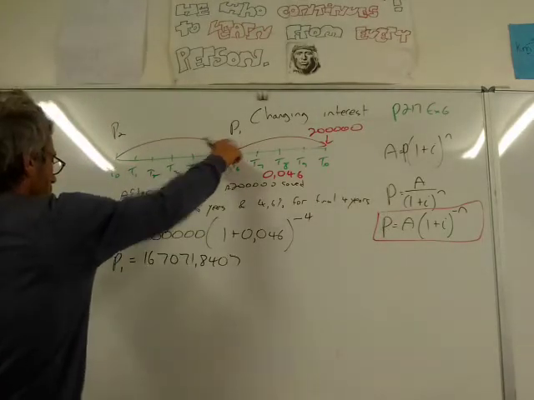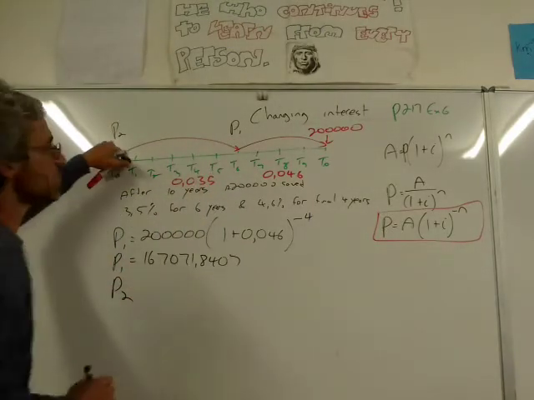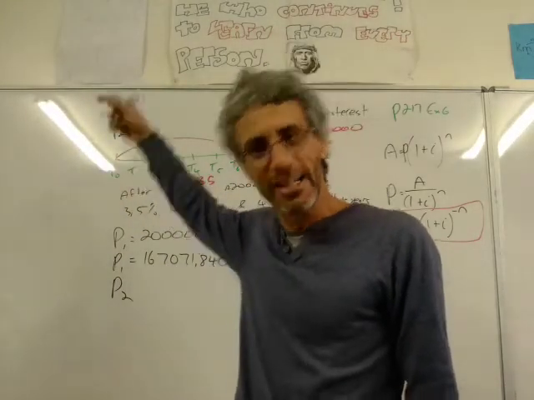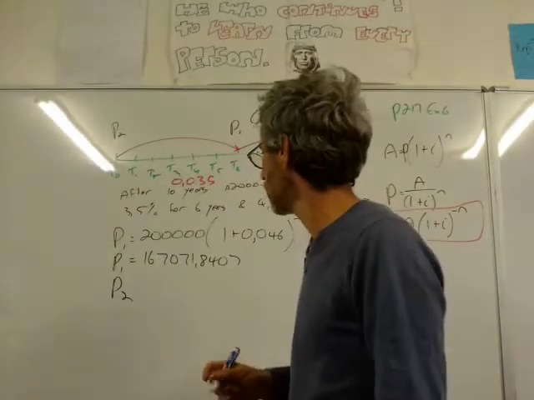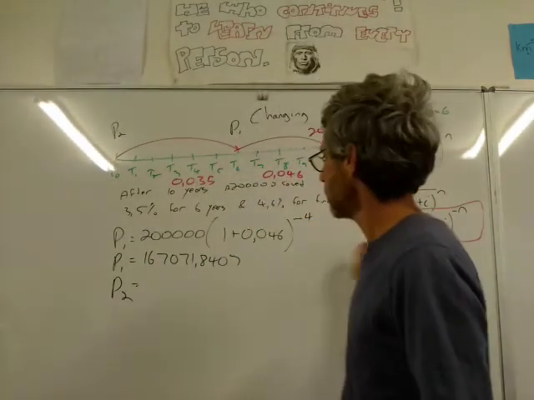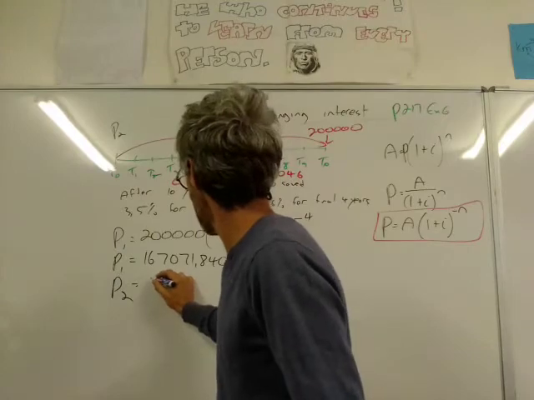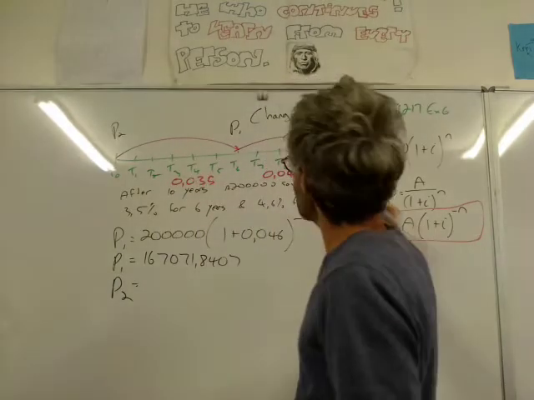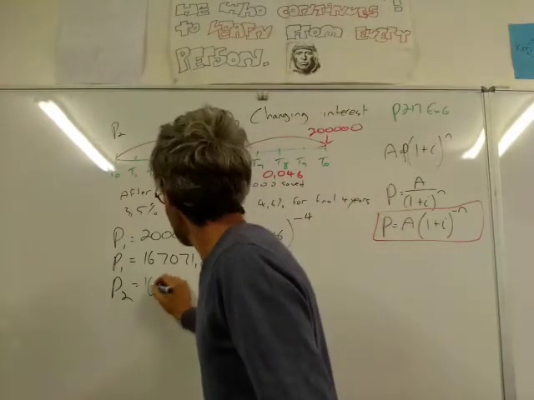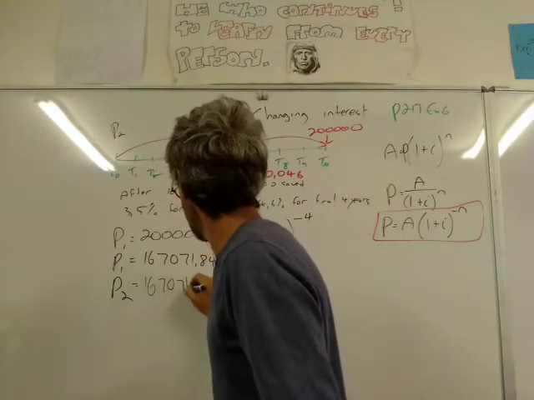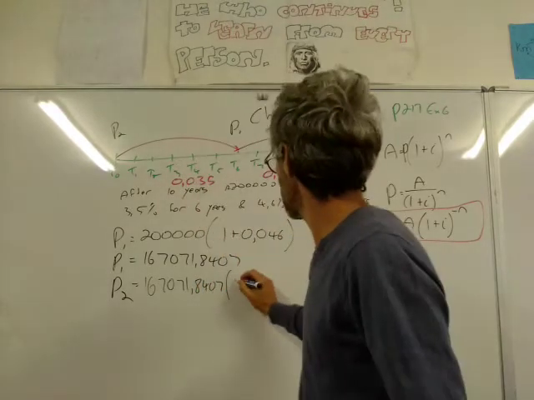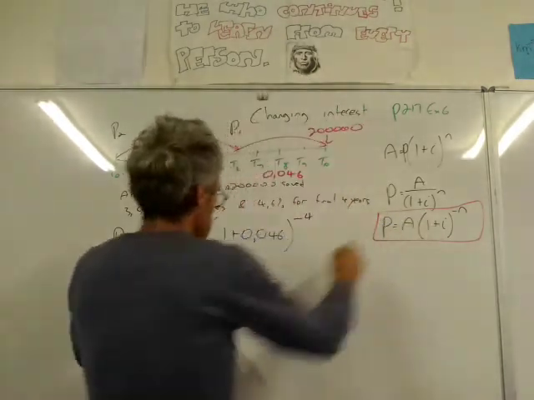Now I've got P1, I can find out P2, because this is what I'm interested in: how much money I had in the beginning, 10 years before. So now I'm treating P1 as if that's the A. My new A is basically this P, 167,071.8407, and I need to times it by 1 plus i.